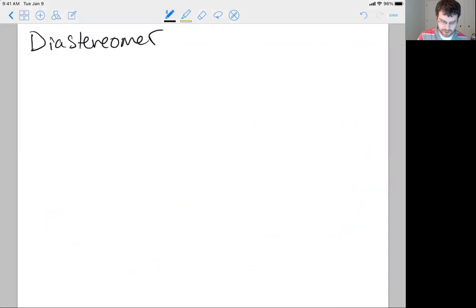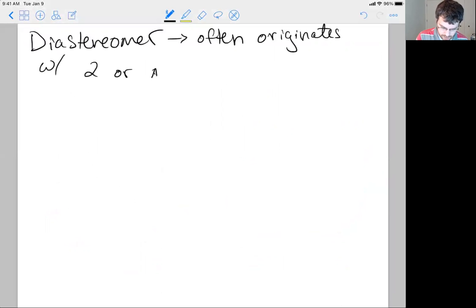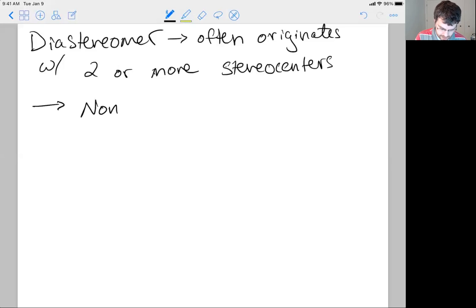Diastereomer. This typically, often but not always, originates with two or more stereocenters. So if you have two or more chiral carbons, these are non-mirror image stereoisomers.